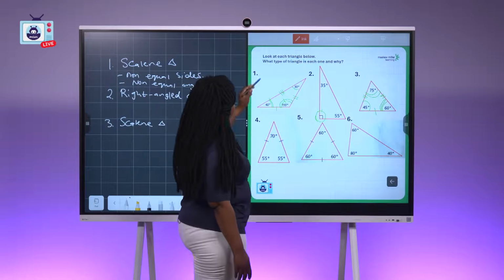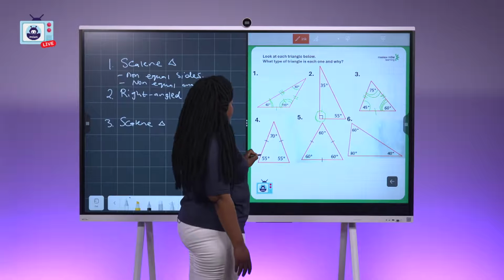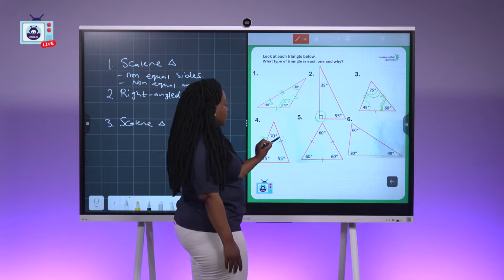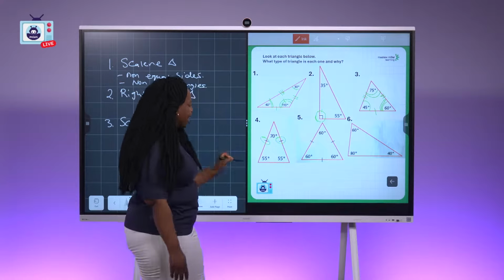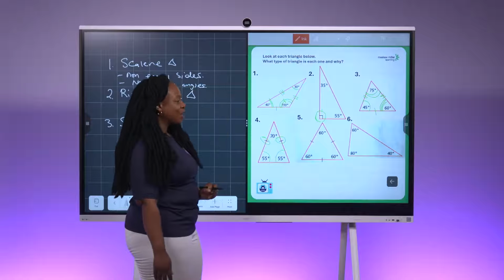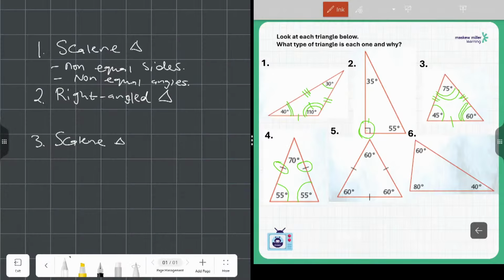Then we go on to number 4. You can see in number 4 we're already given 2 sides that are equal. Just by showing these 2 lines, it shows that they are equal. And we're also given that 2 angles are equal. Which one is this? That is an isosceles triangle. So number 4 is actually an isosceles triangle.